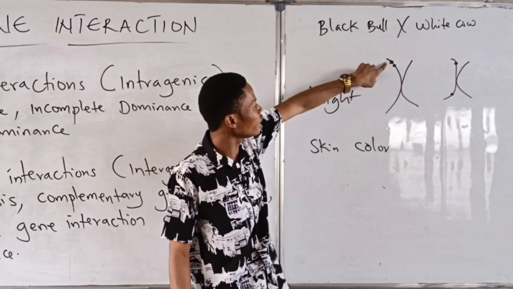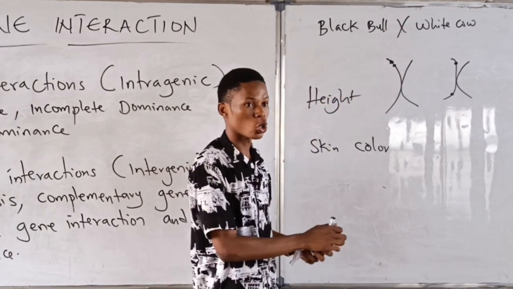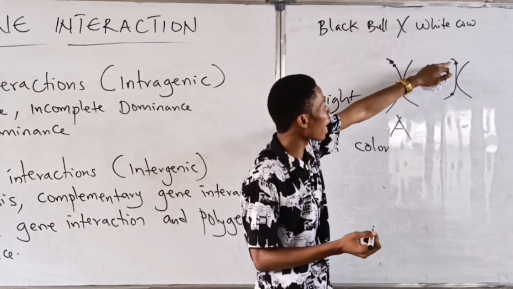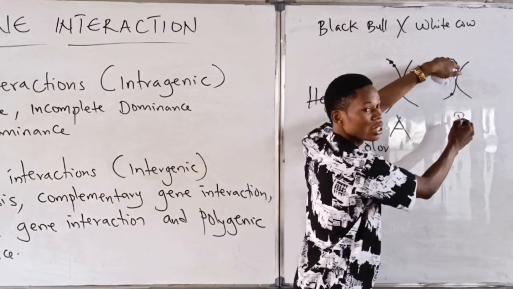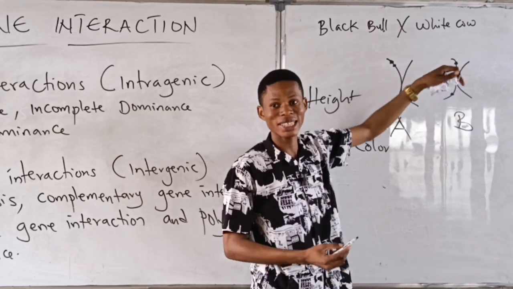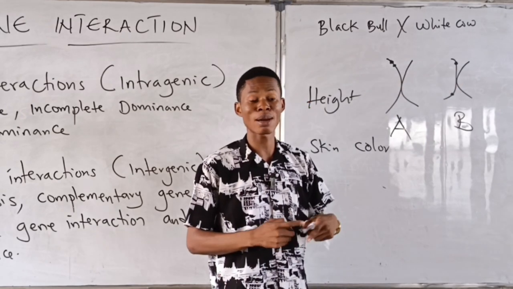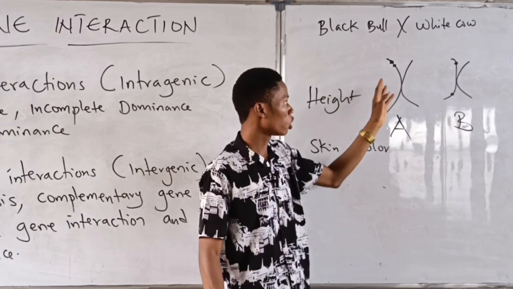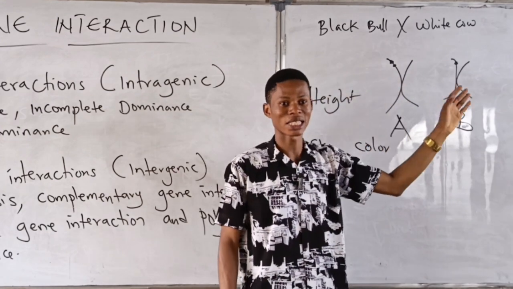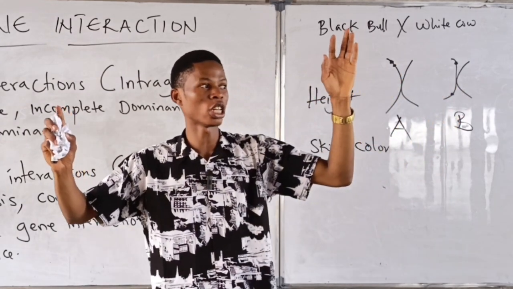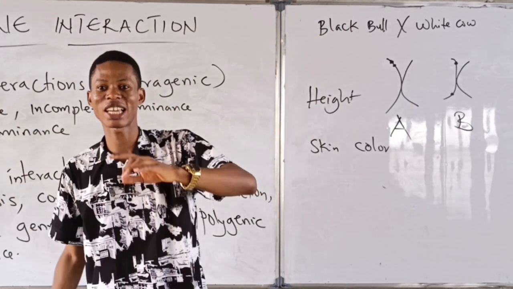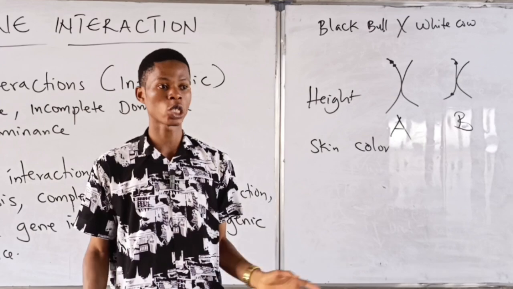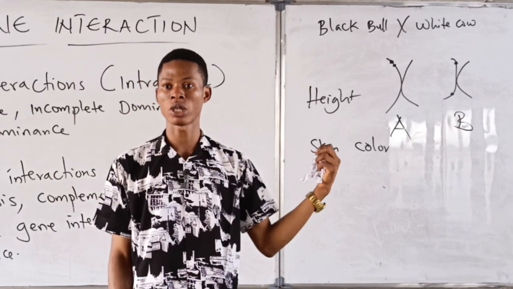Now, if one allele here on chromosome A influences the way this other allele on chromosome B is expressed, that type of interaction is what? Non-allelic, right? Good. The expression of one gene can influence the expression of another altogether. We'll look at specific examples. But at this point, any question?